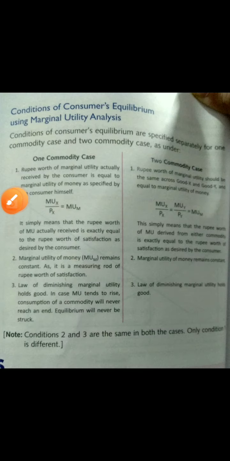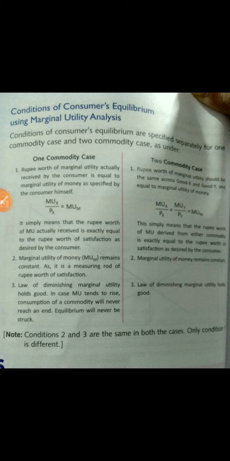After this we have the conditions of consumer equilibrium using the marginal utility analysis. So we have taken two cases, the one commodity case and the two commodity case. What are the conditions for those? First one, rupee worth of the marginal utility actually received by the consumer is equal to marginal utility of money as specified by the consumer himself.